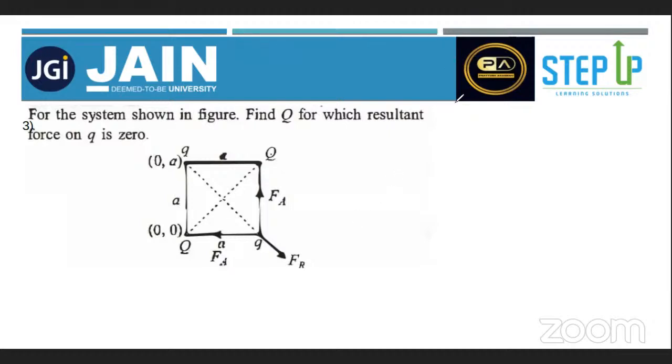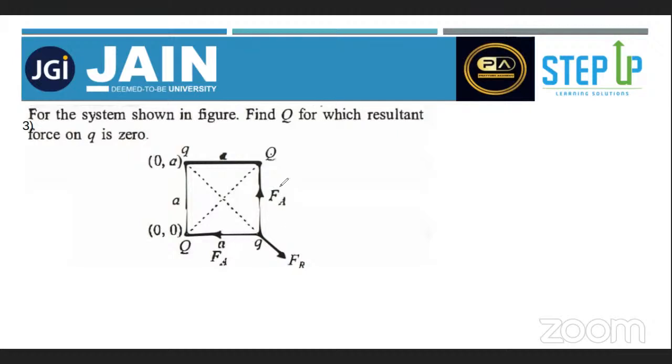And at the bottom I have the answer Q upon square root of 2. This is FA and this is again FA.